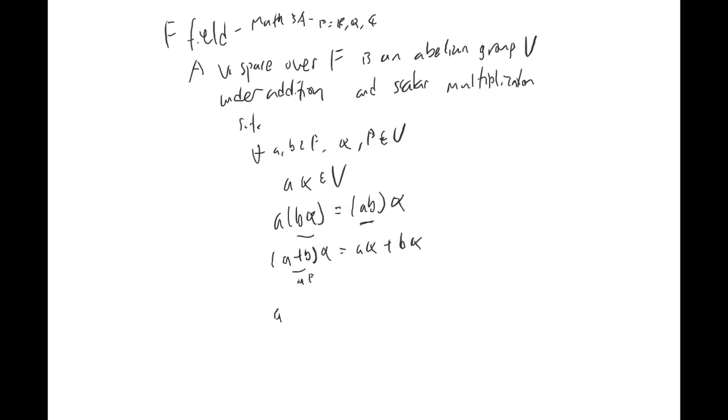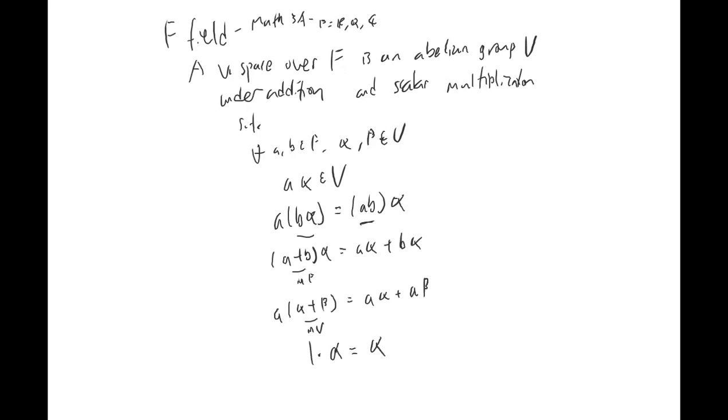But V is an abelian group under addition, so what about if I add two elements in V? Then a times alpha plus beta is a alpha plus a beta. And obviously 1 times alpha is alpha.